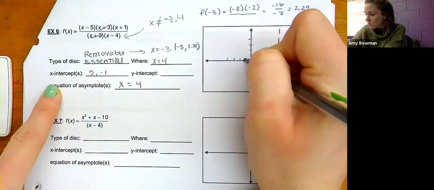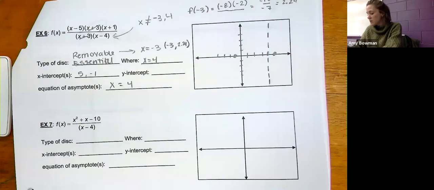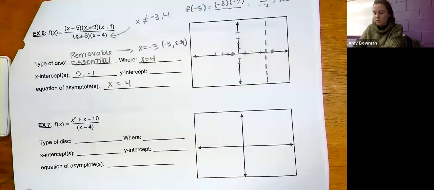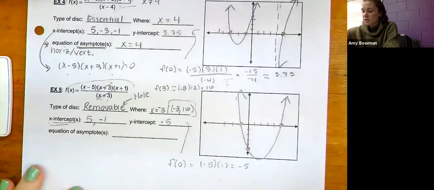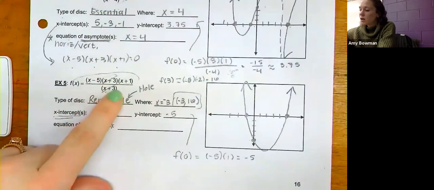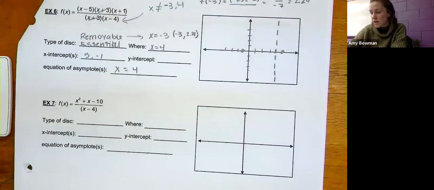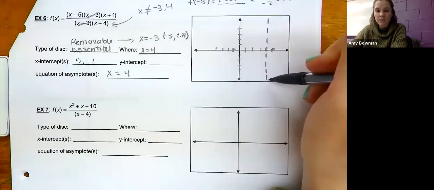If you've noticed, these equations are almost identical. The only change, I'll show you really fast, is that I've added x minus 4 to the denominator, and we're going to see how that changes this function. It introduced a vertical asymptote, but I still had the same points, -1 and 5.